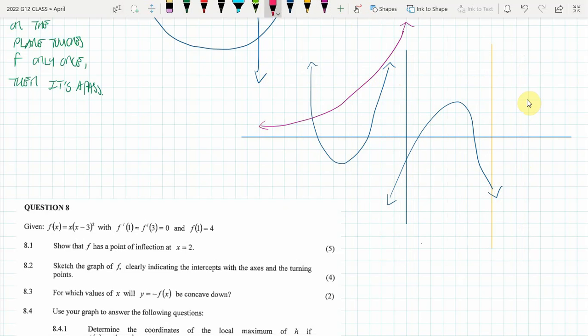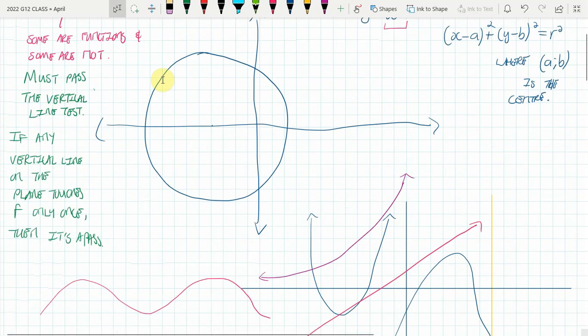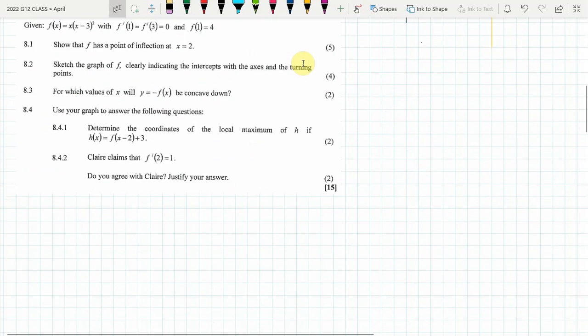Even the trig functions will pass this test, because the sine and cosine functions sort of go like that. But the circle is the most notable one that we are going to work with in geometry.